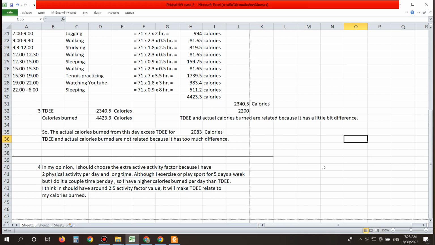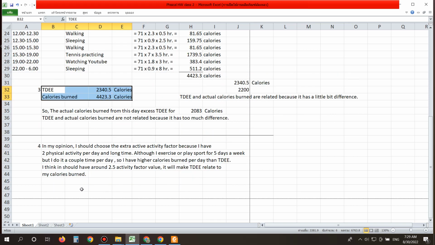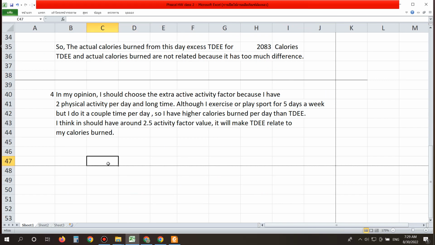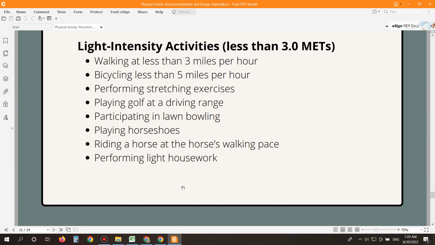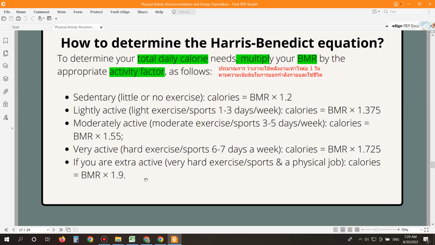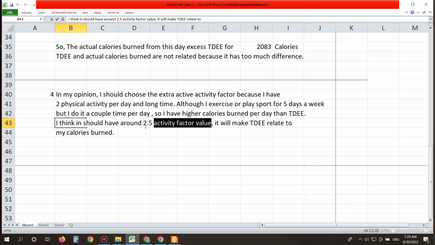And for when the teacher asks you to comment on TDEE and calorie burn, for me there is too much difference, so I give my opinion. I think I should have a 2.5 value of activity factor. I think my activity is more than this example.